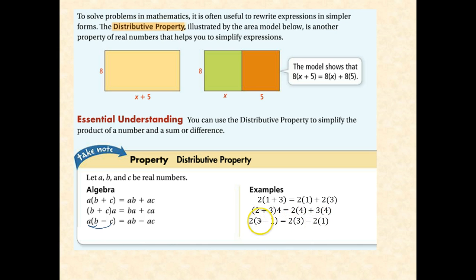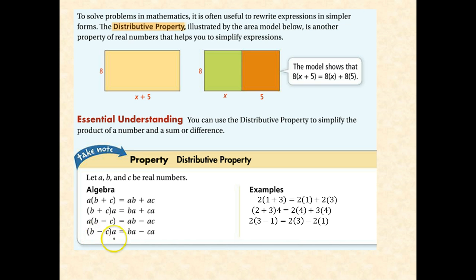So let's check both sides. 3 minus 1 is 2, and 2 times 2 is 4. 2 times 3 is 6, minus 2 times 1 is 2. 4 equals 6 minus 2. It's amazing, isn't it?